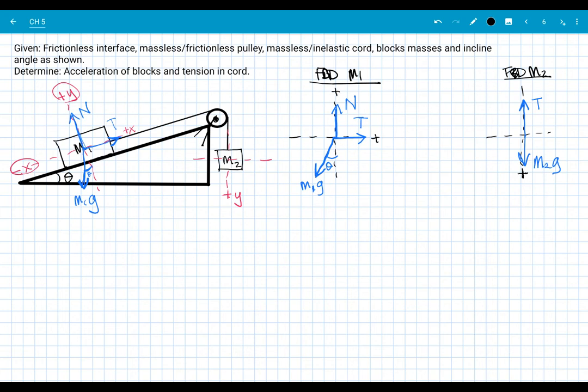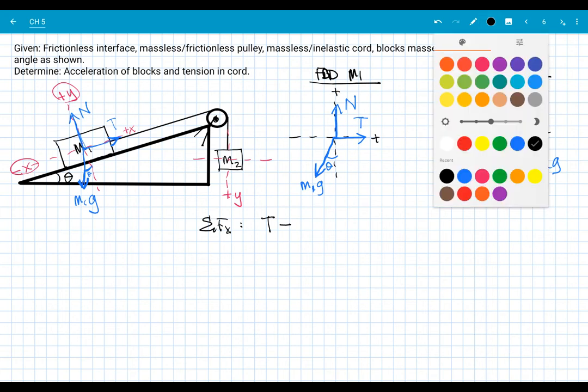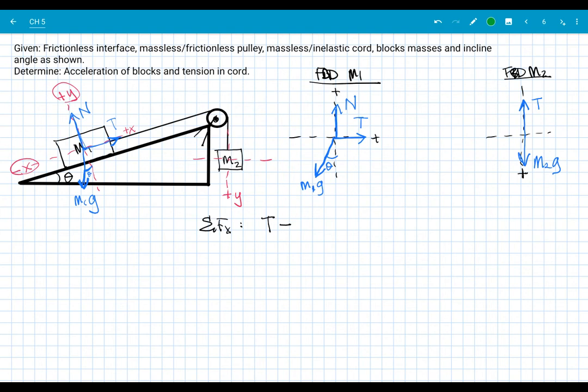If I sum my forces in the X for M1, what does that give me? T minus a component of the weight. Notice the weight has both an X and Y component. I'm going to switch colors. I won't do a whole lot of this because it's assumed you have your vectors down, but I'll do it just this one time. Here is the X component of the weight, and here is the Y component of my weight.